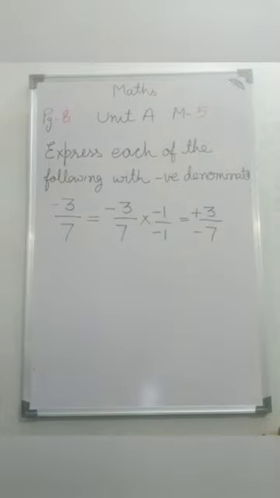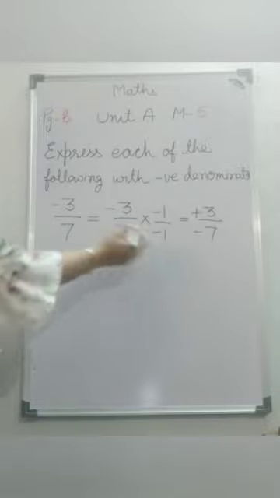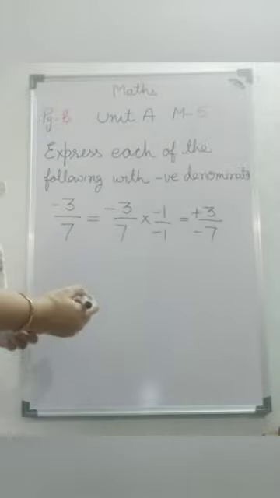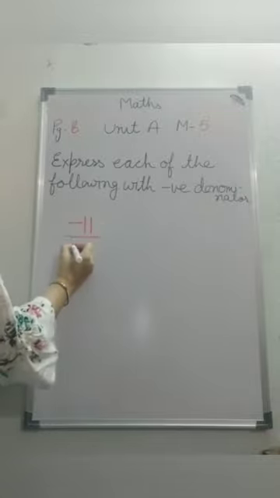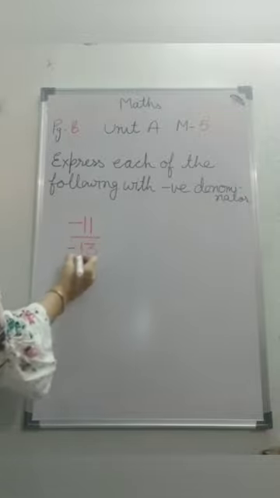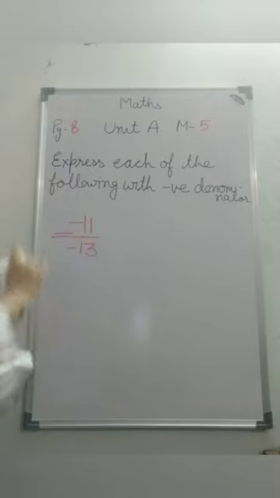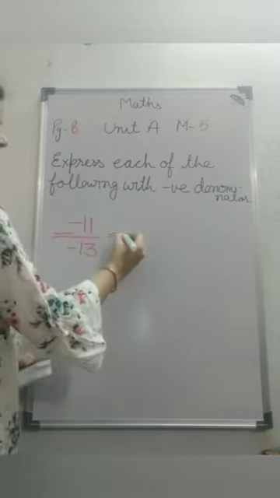The meaning is that if you want to change the sign of any number, for example minus 11, I want to convert this to a positive number, then what do we do here? The same thing we apply here.